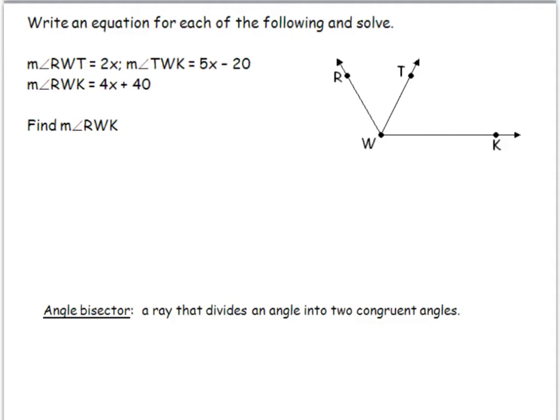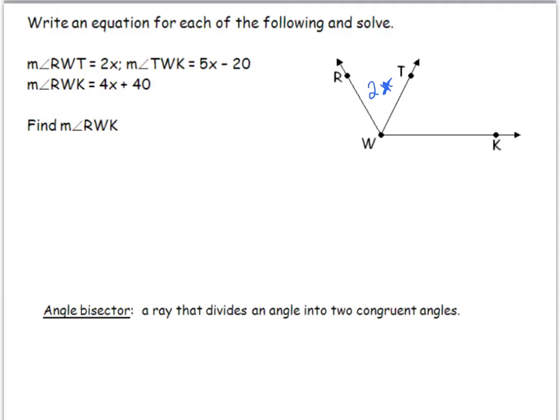All right, the next example asks you to write out the equation first for the following, and then they want you to solve. So they give you a picture, they give you some information. The only logical thing to do is probably to fill in your picture first, come up with an equation which will help you solve. So they say RWT is 2x, and if you look, RWT is right here, so this is going to be 2x. Sorry, you guys, I'm getting better.